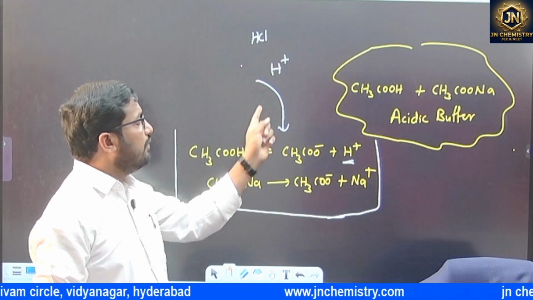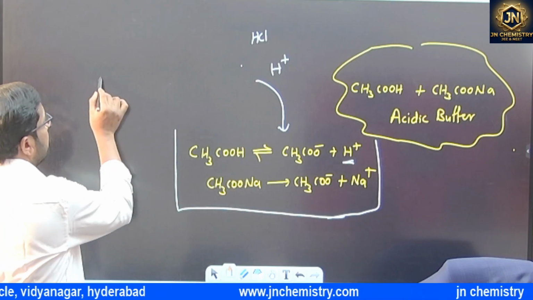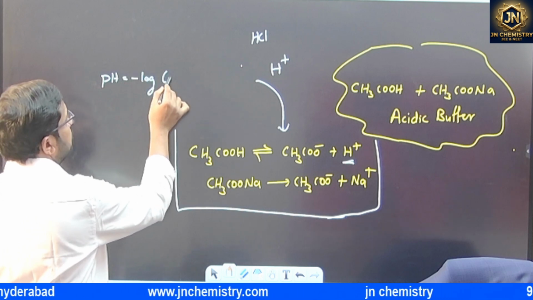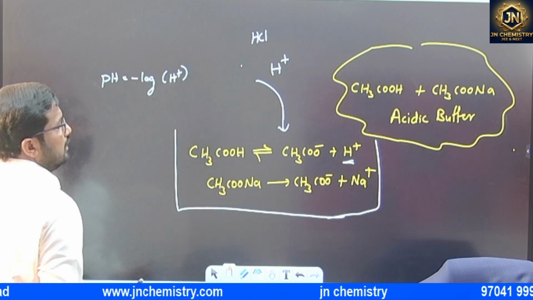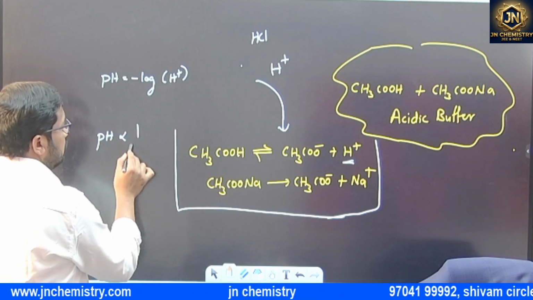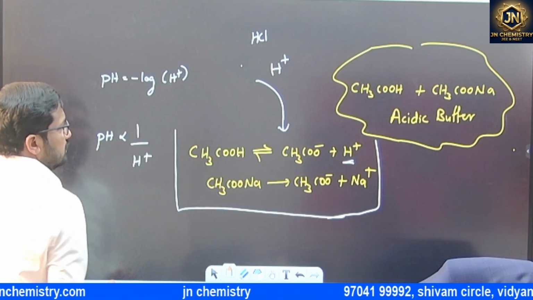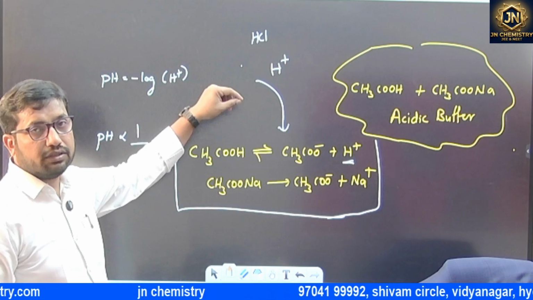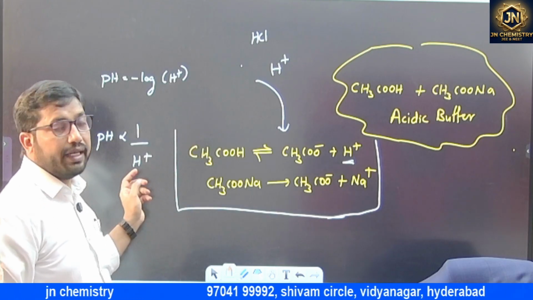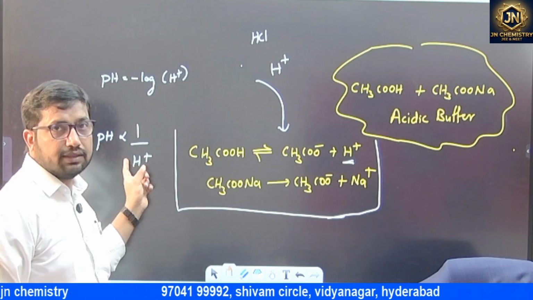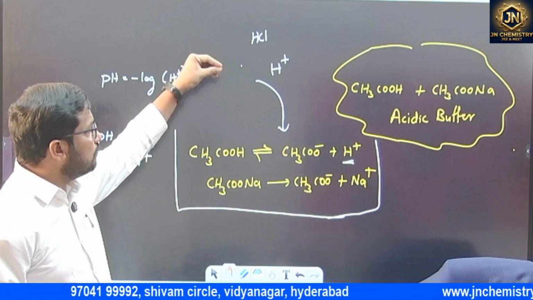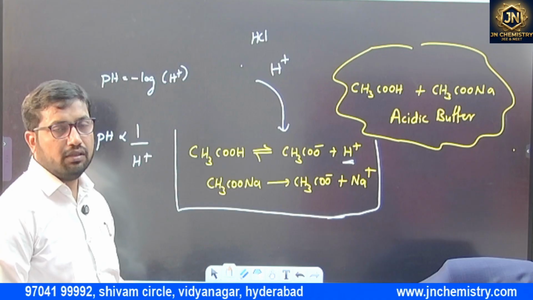We know that pH is minus log of H plus ion concentration, so pH is inversely proportional to H plus concentration. If we add H plus, pH should decrease. But here there is no change in the pH when we add a small amount of acid.